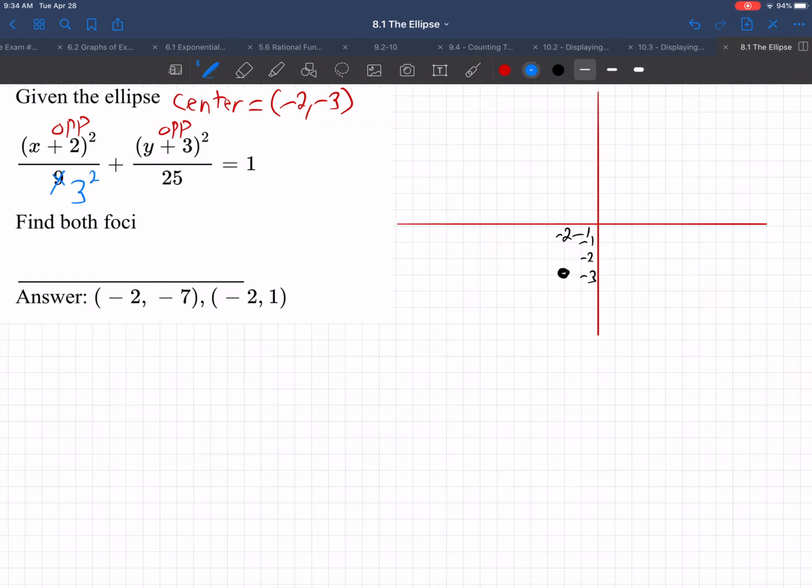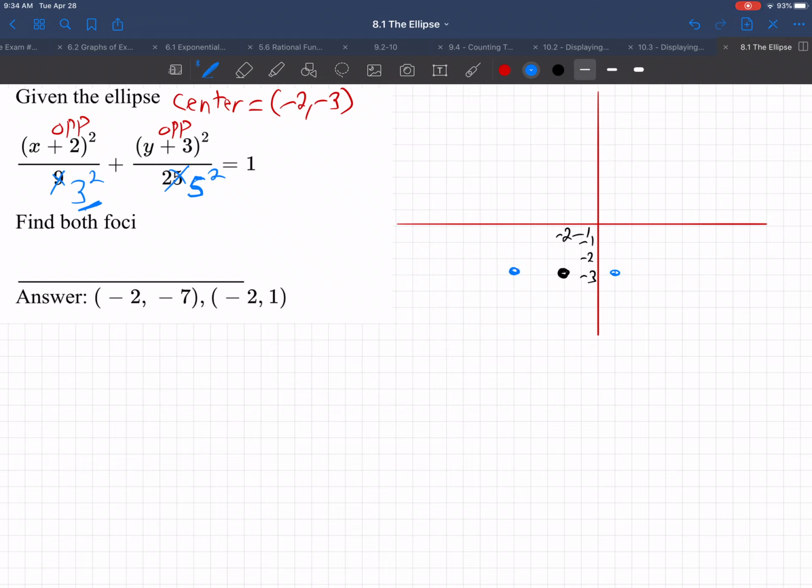Now, what's under x and y? This is 3 squared, this is 5 squared. So we always write those as square numbers for purposes of graphing. Whatever's underneath x is right and left from the center. So that's right 3. I went 1, 2, 3 to the right, and 1, 2, 3 to the left will land me right there.